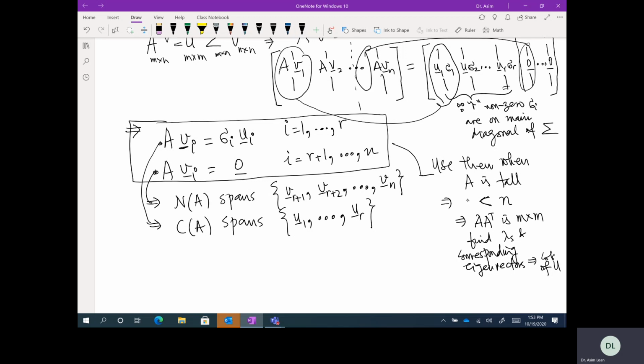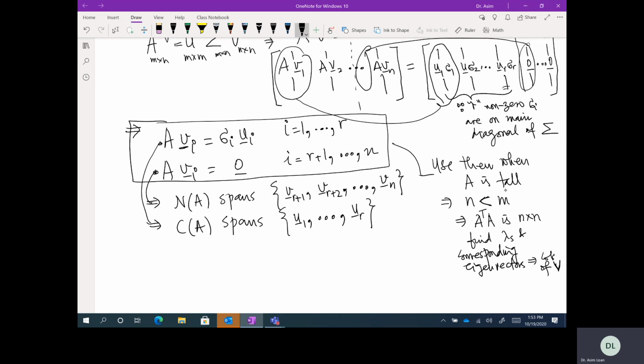When A is tall, this implies N is less than M. So A transpose A is N by N. When it's N by N, we can find the eigenvalues of A transpose A and the corresponding eigenvectors, and these are the columns of V. Why this one?